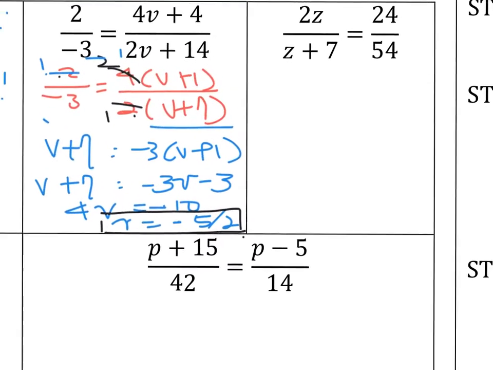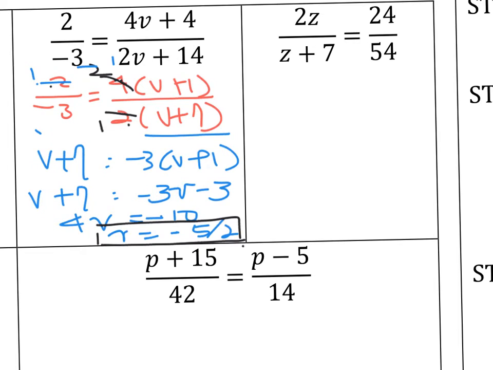And let's take a look at one more. We can simplify 2/24, then 12. Now, I'm going to cross multiply 2 times z plus 7 and 9 times z.